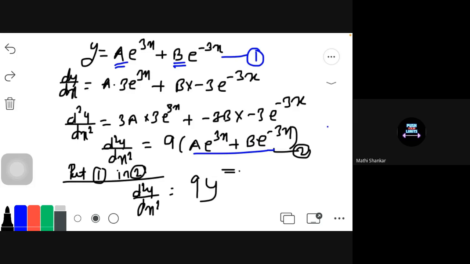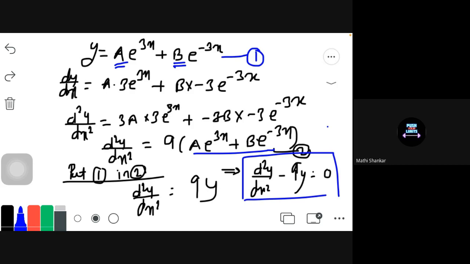Therefore, I'll get d2y by dx square minus 9y equals 0. So this is the required differential equation. So I was given an equation and I wanted to form a differential equation. So I have successfully formed a differential equation as well as I have successfully eliminated the constants a and b.